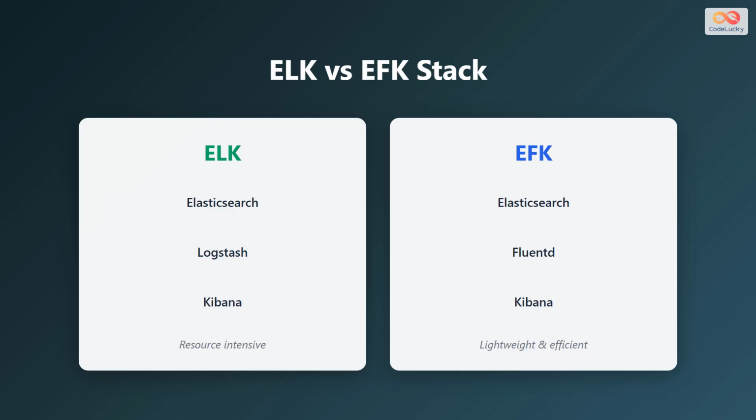Fluentd, on the other hand, is lightweight and specifically designed for cloud-native environments. Its smaller footprint makes it ideal for running as a DaemonSet in Kubernetes, where it needs to operate on every node without consuming excessive resources. For Kubernetes deployments, EFK is the preferred choice due to its efficiency.